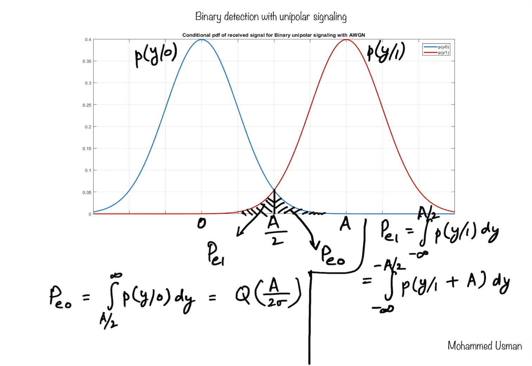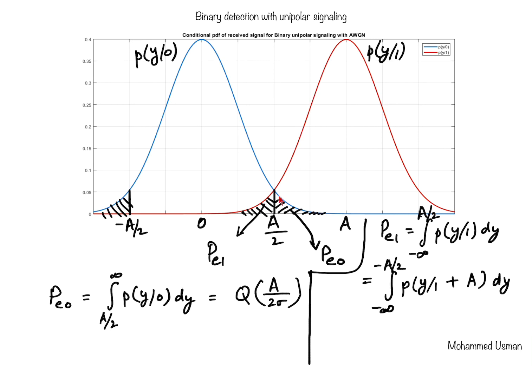So that corresponds to the threshold coming up here. Okay, so that would be the limit minus a by 2, and we are going to find this area here, right?